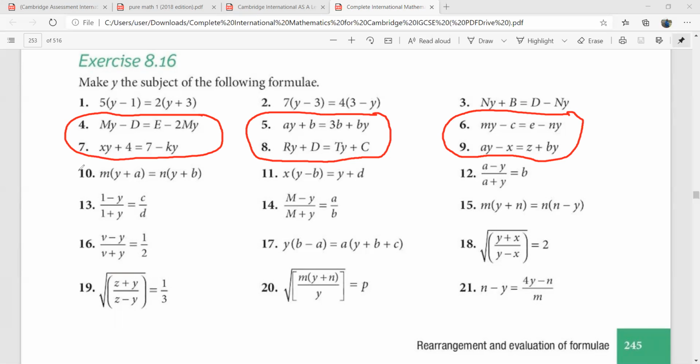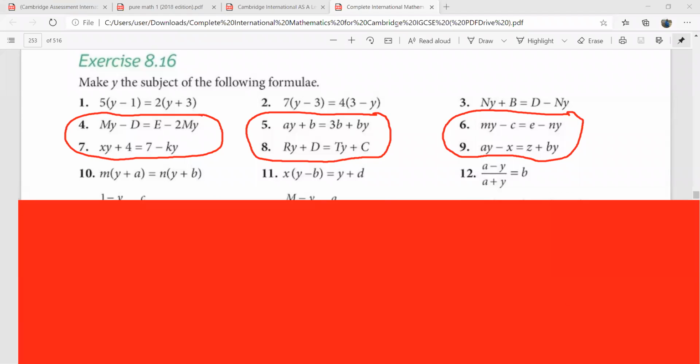If you look at question number 10, you will expand them. In the 13th question, you will go for the cross multiplication. Let me show you the solutions of the questions where there is no multiplication or fraction going on, and then maybe we can try the harder ones.